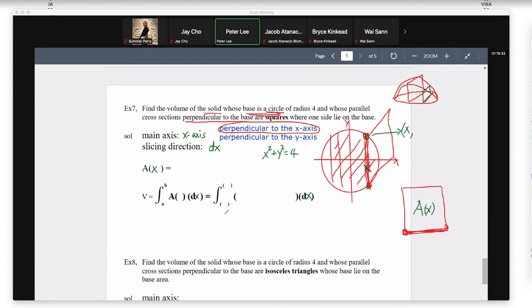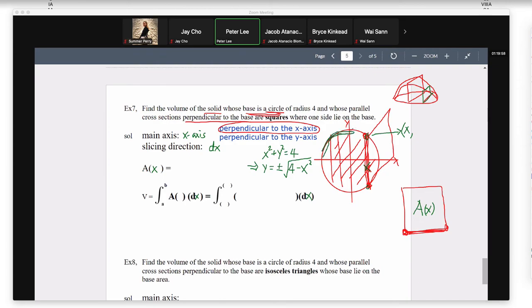Now we have to express everything in terms of x, so what we get for y is y equals plus or minus the square root of 4 minus x squared. And the question is, do we need that plus minus? Yes, we do. Now, what is the top half circle?